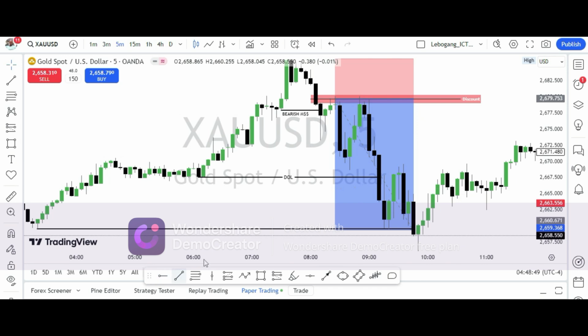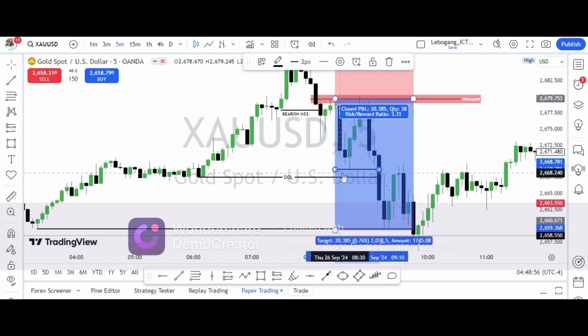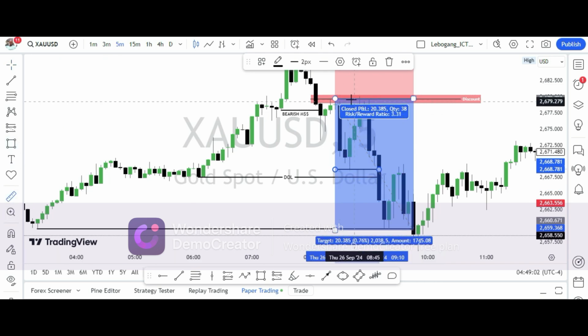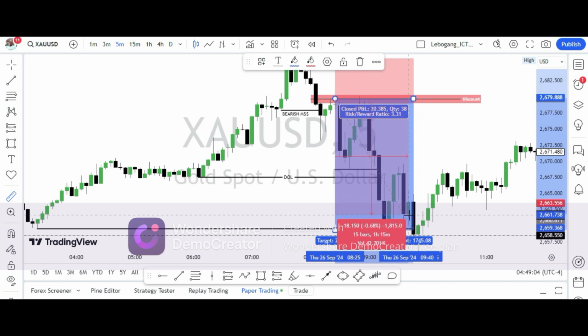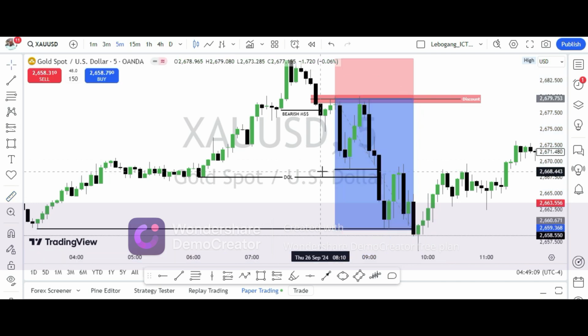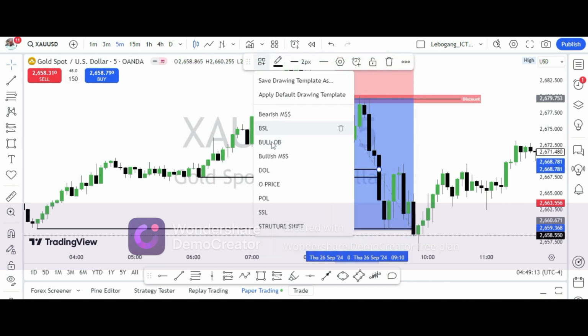Even here, if you missed the initial entry there, this is one of my biggest trades that I've taken this week. I knew because it gave me some good price movement that I was looking for.